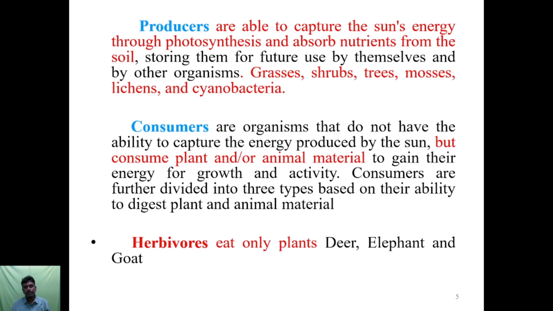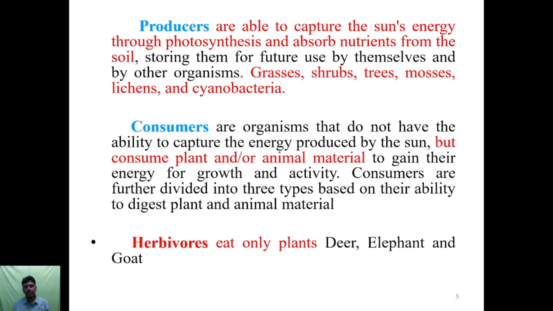Then again, these are classified as producers and consumers. Producers are able to capture the sun's energy through photosynthesis and absorb nutrients from the soil. Then they store them for future use by themselves and by other organisms.